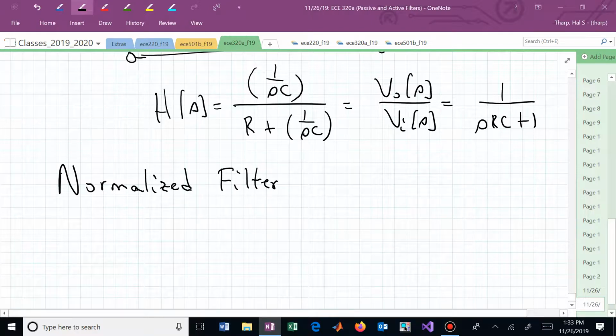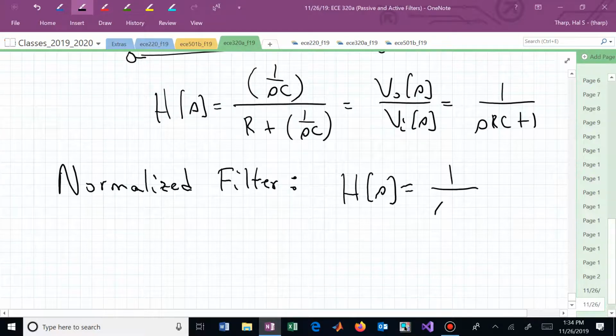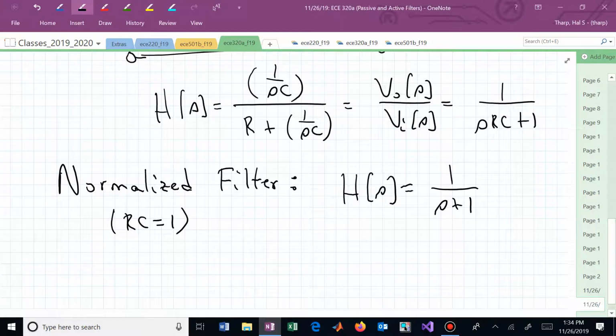And many times our initial steps in the design process work with normalized filters, which might have a transfer function for this first order as 1 over S plus 1. Now, suppose somebody says, oh, I need more attenuation at higher frequencies.